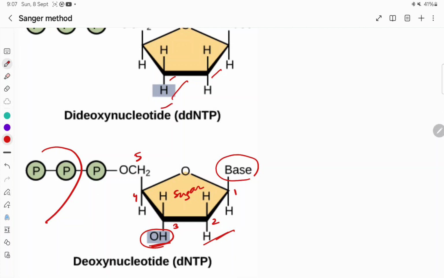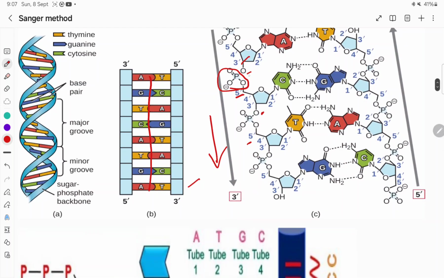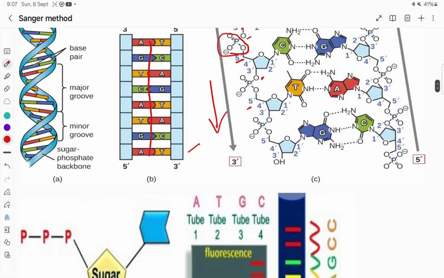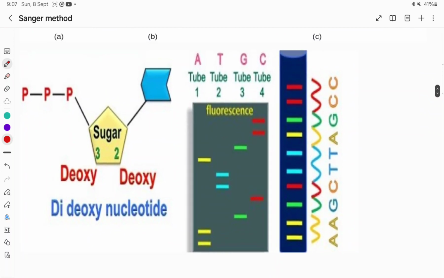Because of the lack of the hydroxyl group in position 3, there cannot be elongation, and the phosphate cannot be linked, so there will be termination of the DNA chain elongation. Based on this principle, we use the dideoxynucleotide, terminate the chain, and get a number of fragments of DNA.